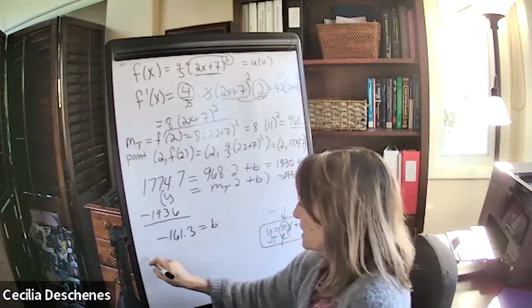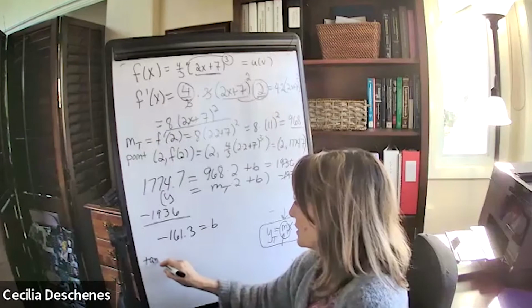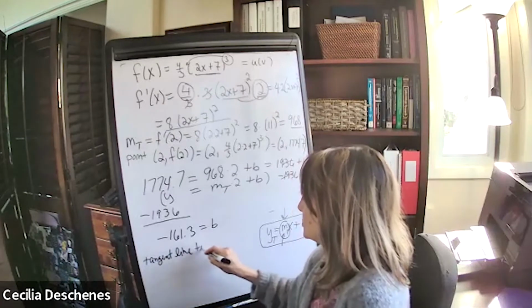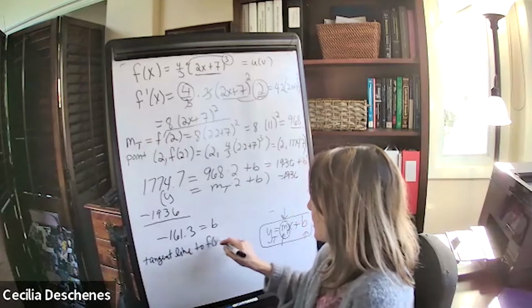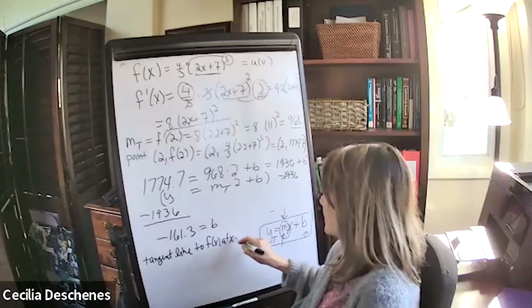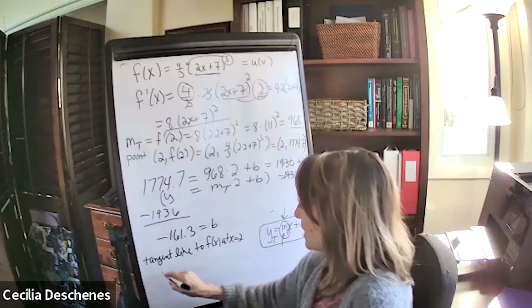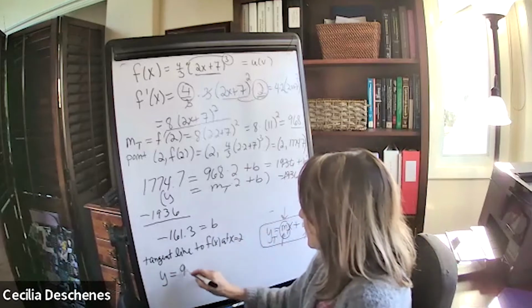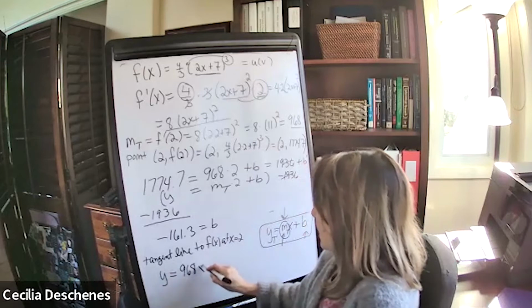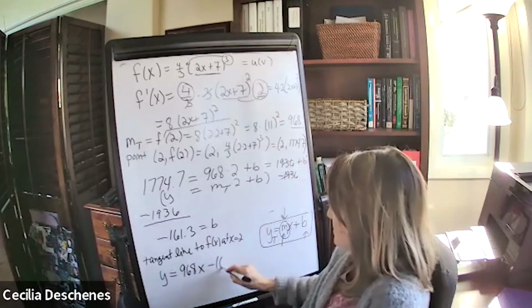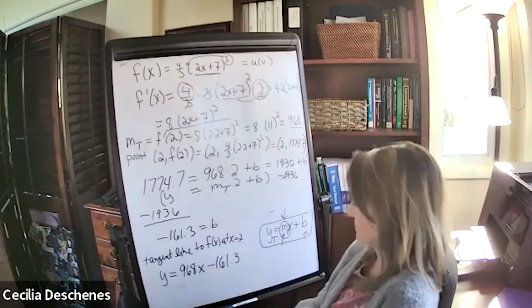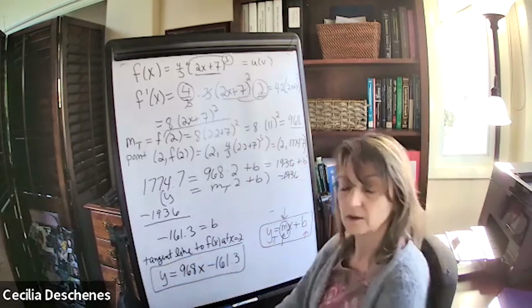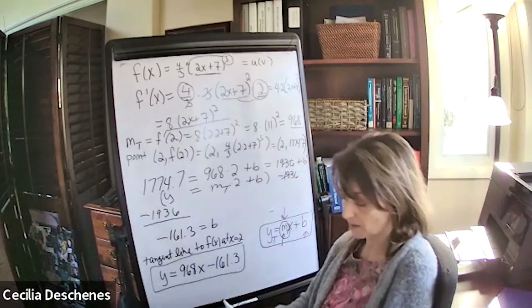So now I get that my tangent line to f at x equals 2 is given by y equals 968x minus 161.3. Whew, that's a long problem.